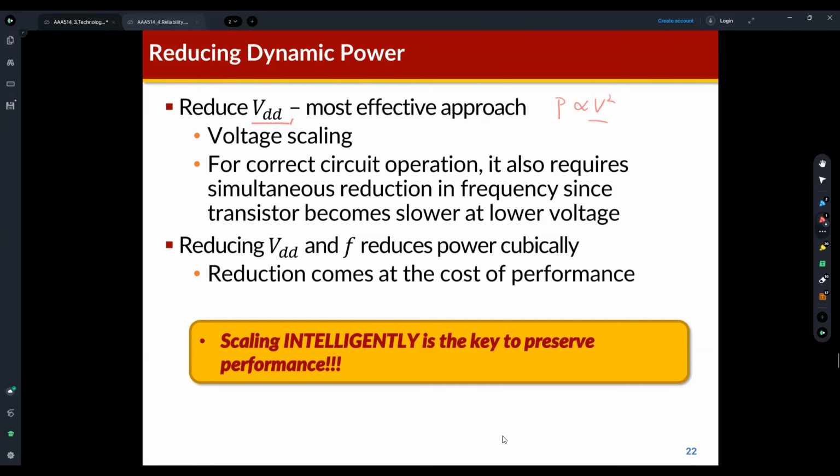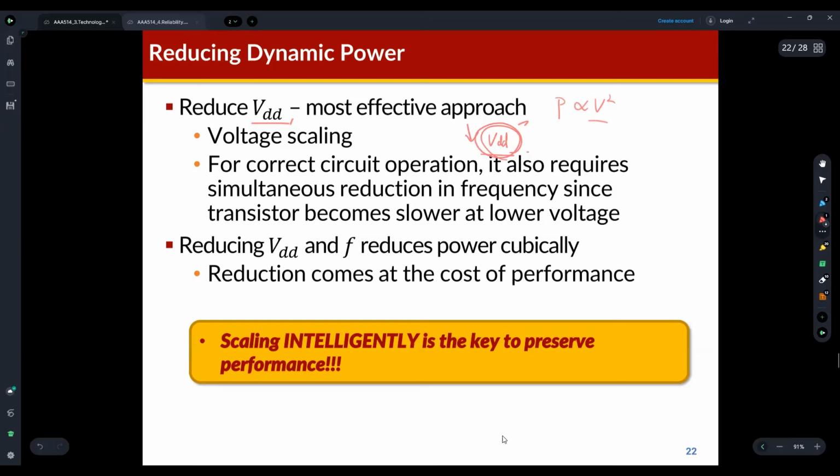So if we can reduce the supply voltage, then we can dramatically reduce the dynamic power consumption. It's the most effective approach. So decreasing this VDD is very critical.